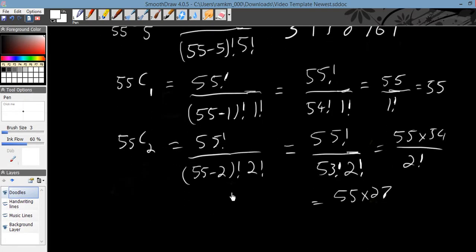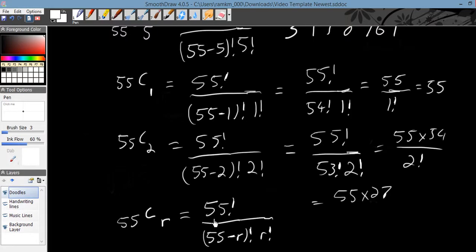To really understand the answer to that question, I want you to understand the structure of this nCr here. So 55 choose r, where r is the number of cards you're picking, is going to be 55 factorial over 55 minus r factorial times r factorial.